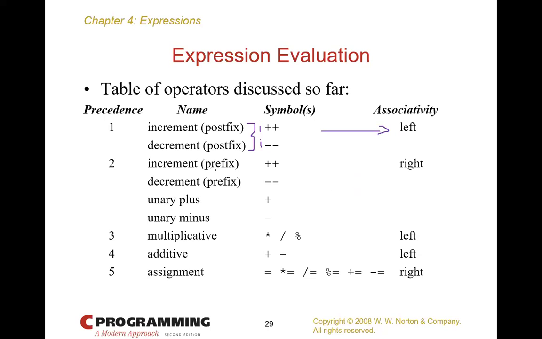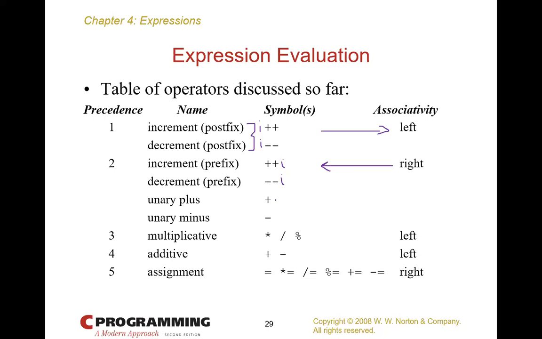But the prefix, which is ++i and --i, are second after the postfix. Please observe that postfix has higher precedence than prefix, and their associativity is opposite. It's from right to left.